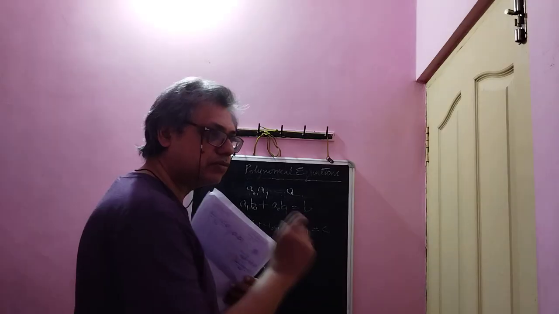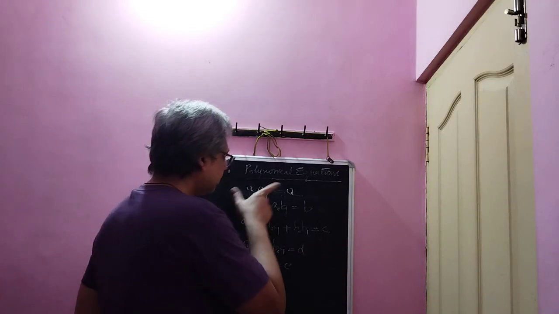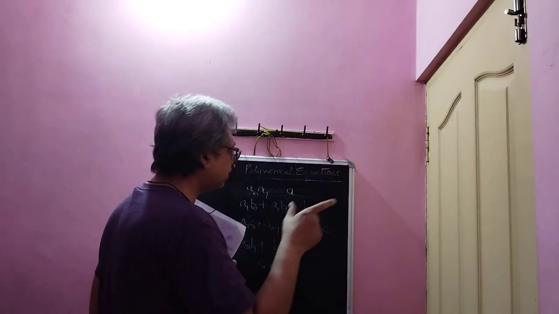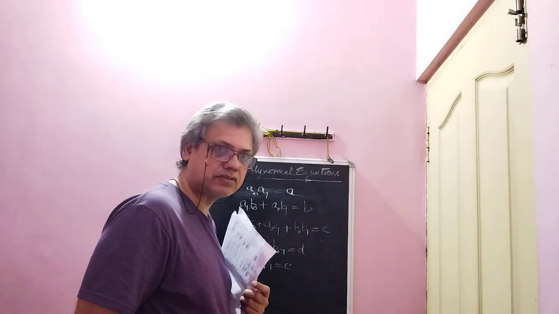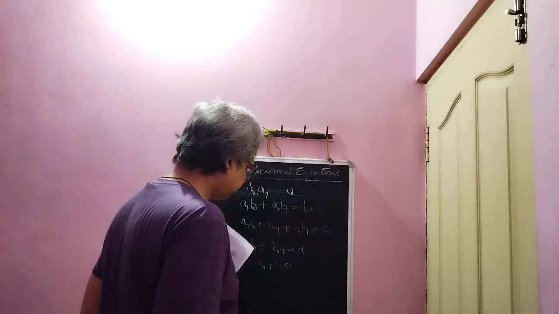So we can express a polynomial expression of a higher degree as a product of polynomial expressions of two smaller degrees.